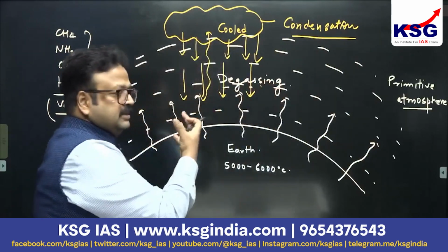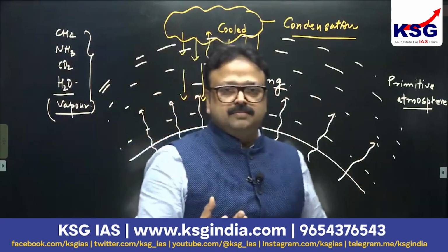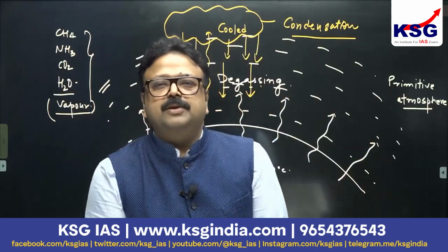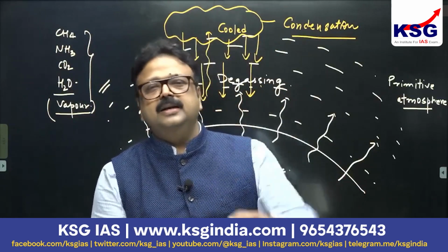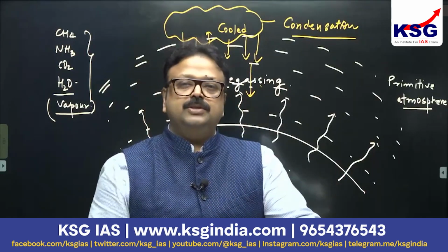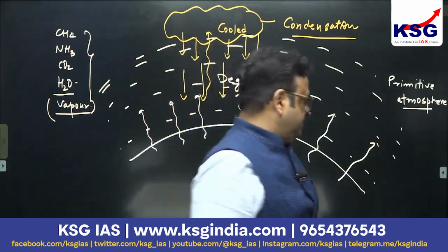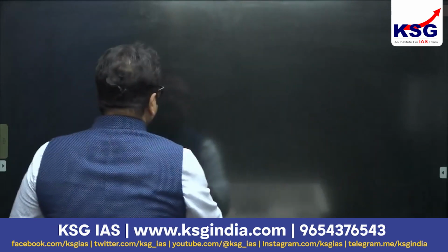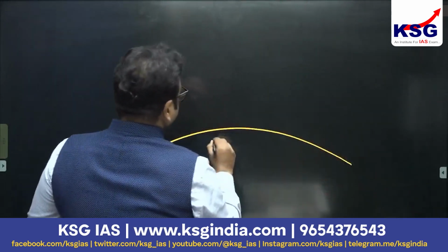You can simulate this process just like after making a roti, the tawa becomes hot, and if you pour water on it, there will be rapid evaporation. This is a kind of process which was going on. And what happened? Suppose this is the Earth's surface.